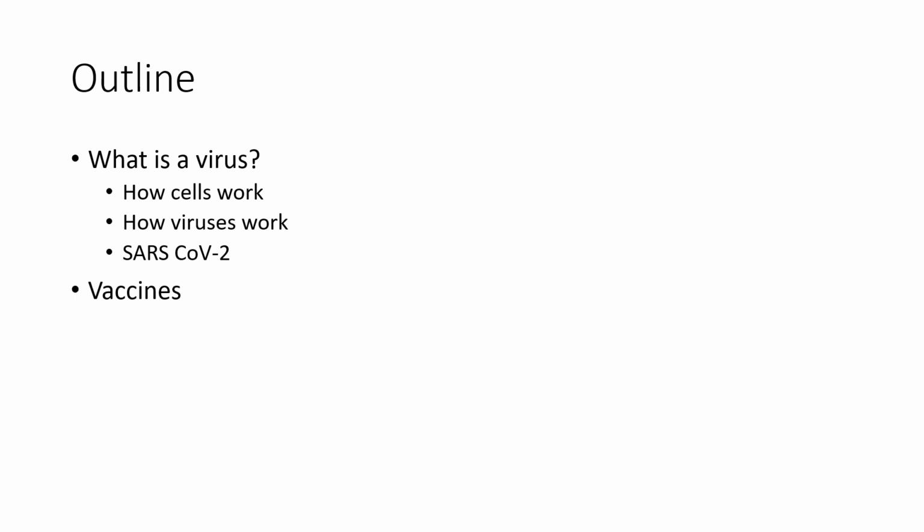With that in hand, I can then proceed to describe the various technology platforms that are used as virus vaccines and how they work. And lastly, I'll discuss a little bit about the virus variants that people have heard of. So first, what is a virus?